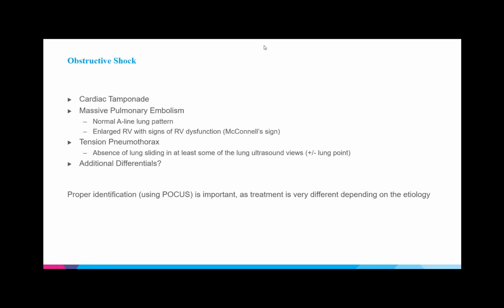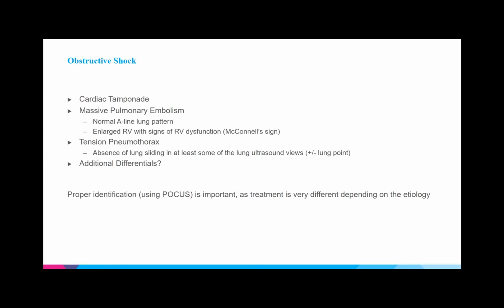The other thing would be aortic dissection, depending on the type of dissection. Certainly, if you get blood that forms around the heart or in the pericardium because of the dissection, then that could definitely cause an obstructive shock type picture.